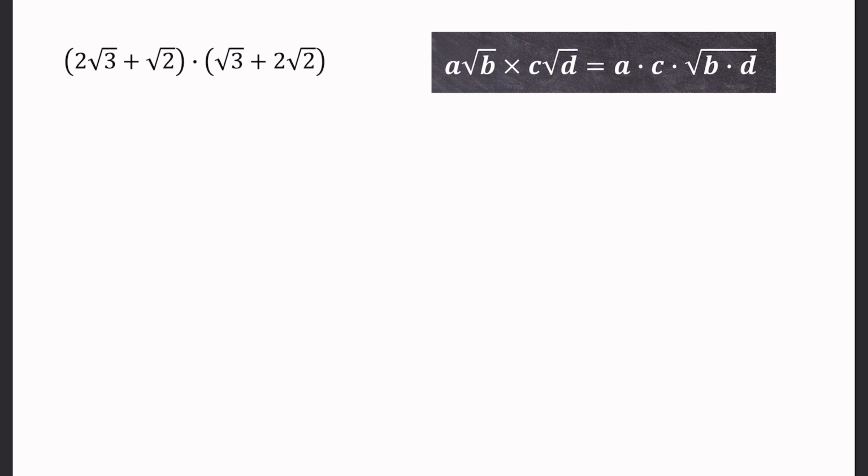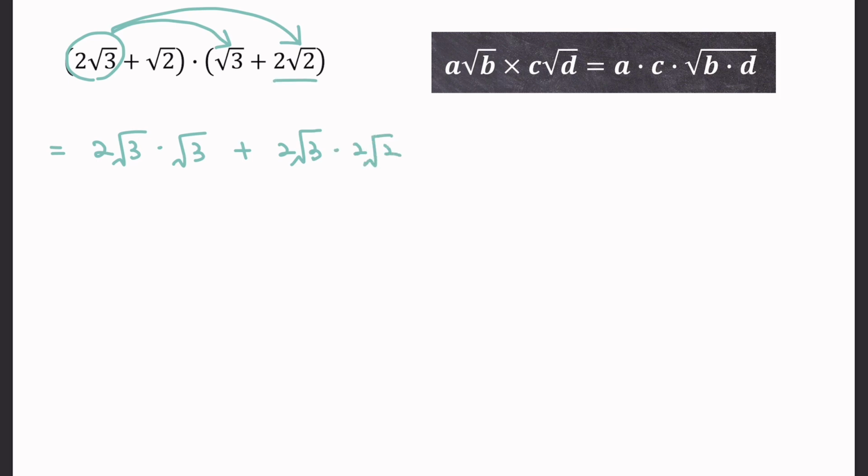The first thing that I'm going to do is to distribute 2 square root of 3 to both terms that we are multiplying it to. So what I'm doing is I am going to have to multiply 2 square root of 3 with square root of 3, and then also multiply 2 square root of 3 with the second number, 2 square root of 2.